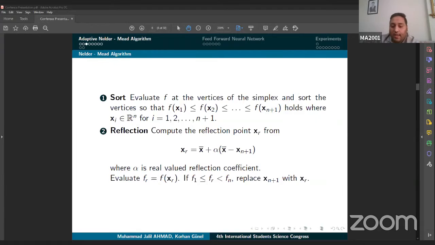Now we will again evaluate the value of our function on this point, and if the value is less than the initial value which we calculated in the first step, then this is the point we were trying to find. Otherwise, our search will continue, and we will get to step number 3.